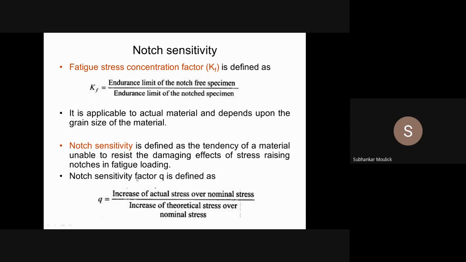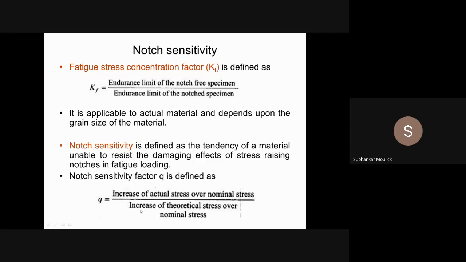Fine. So first of all, we will find out the value of nominal stress, we will find out the value of actual stress, then we will find out the value of increase of actual stress over nominal stress. How can we find out? Definitely the value of actual stress will be more than that of the nominal stress, because in actual stress we have to take the actual conditions.